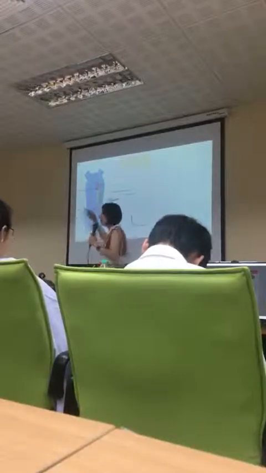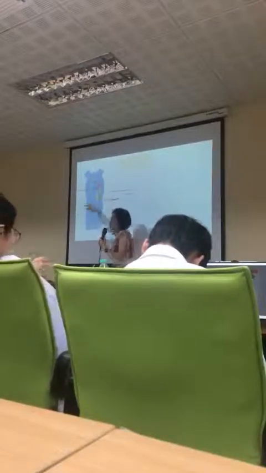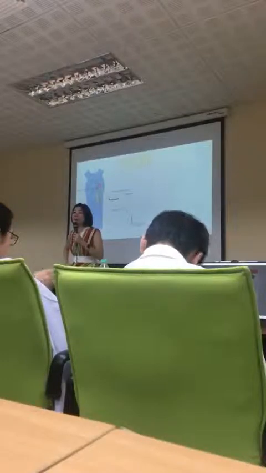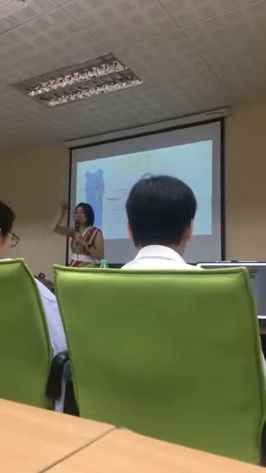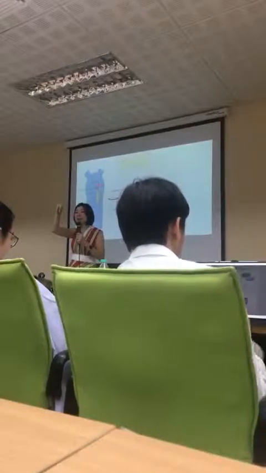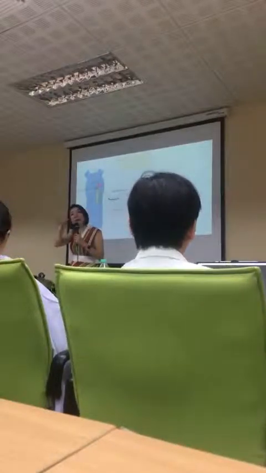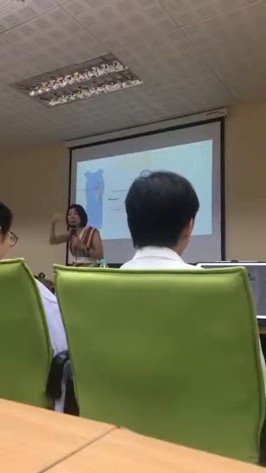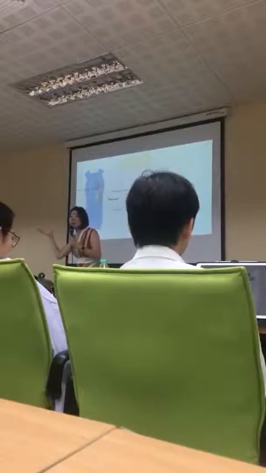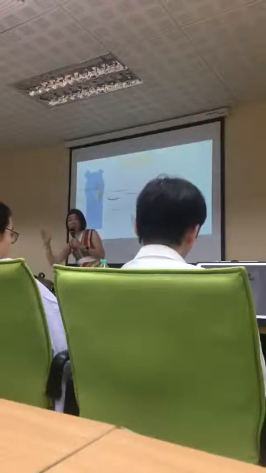The trigeminal nerve is at the pons, and then where is the abducens? The abducens is at the border between the pons and the medulla, right? Then 7 and 8. Where is 7? The lateral side, right?